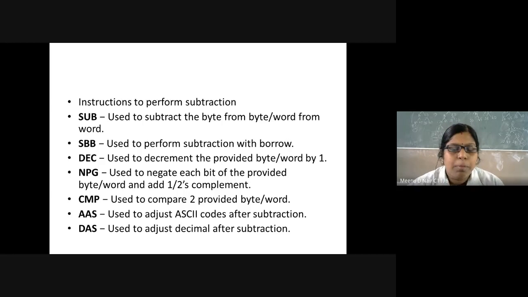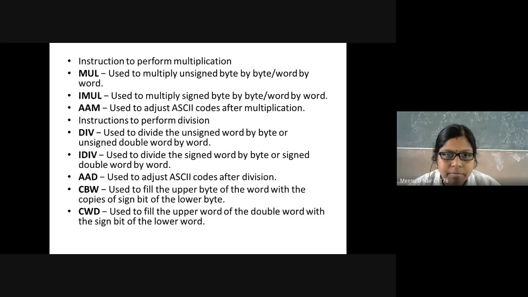Compare the provided byte or word, then you have to tell whether it is greater than, less than, or equal to. AAS means ASCII after subtraction. DAS means decimal after subtraction. That is the DAS command.